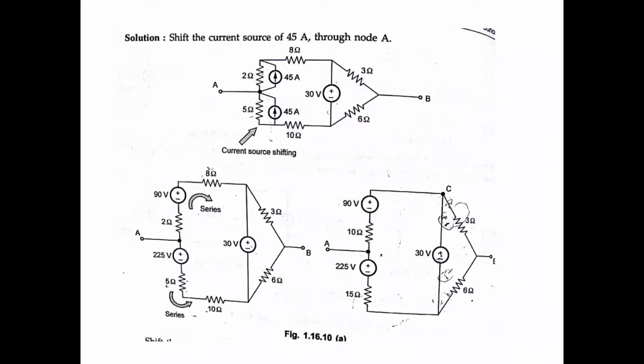The 2 ohm is in series with this 8 ohm, and the remaining 30 volts, 3 and 6 stay as they are. Next, 90 volts with 2 and 8 in series, 10 ohm, and 90 as it is. Next, 5 and 10, 15 ohm, with 225 as it is. This portion remains as it is: 30, 3 and 6.